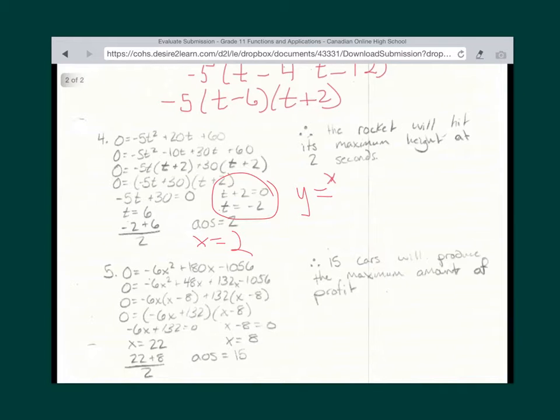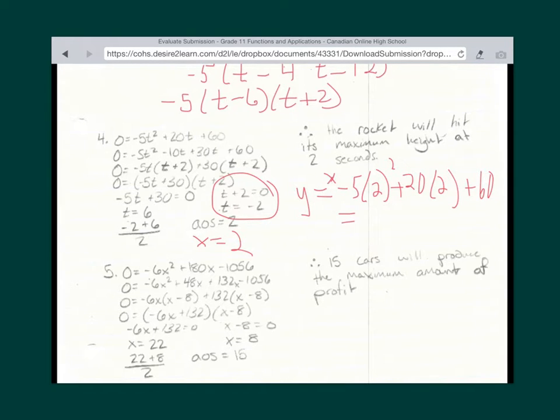And so at x equals 2, y equals, and you're going to take the 2 value and sub that in. And you're going to solve for y, and that's going to give you the height of the rocket at time t equals 2 seconds.